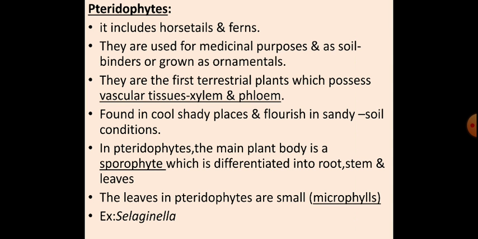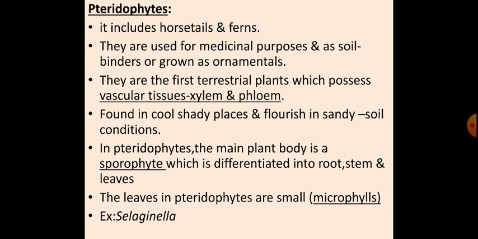One of the most important features of pteridophytes is that these plants are terrestrial plants. That means the plants live on land, and they possess vascular tissues, that is xylem and phloem. We have studied algae as well as bryophytes.